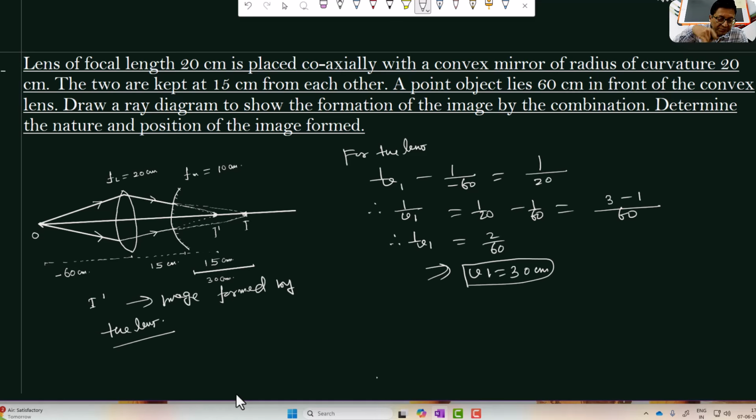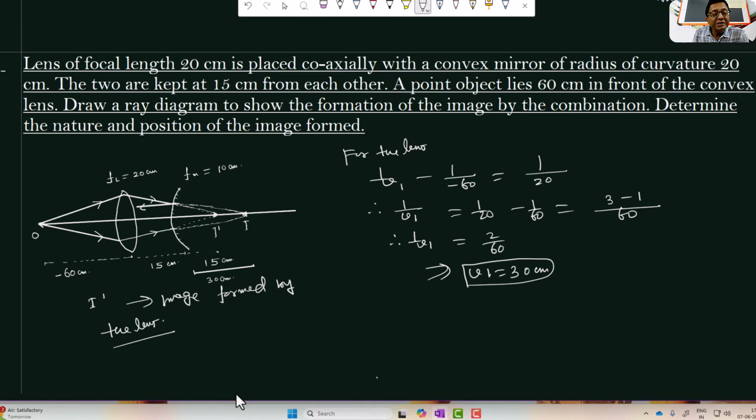At least it will not appear to from I dashed. Instead, here there will be reflection. The reflected ray will be going just in the opposite manner, this way, by obeying the law of reflection. By producing it in the forward direction, we get the final image. Okay?